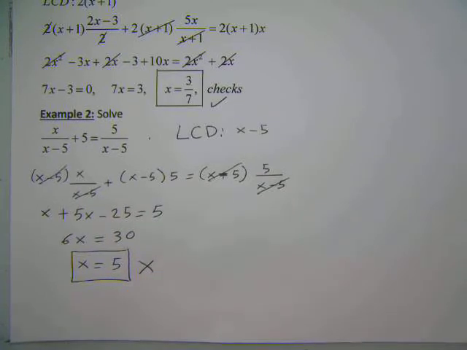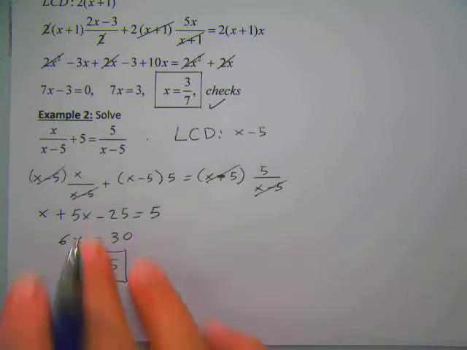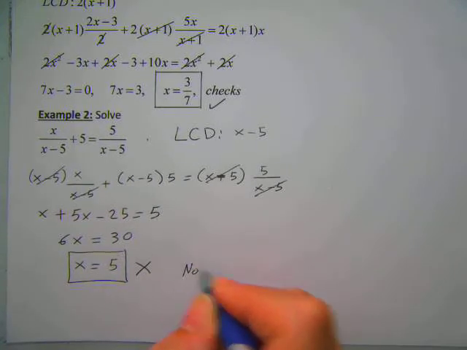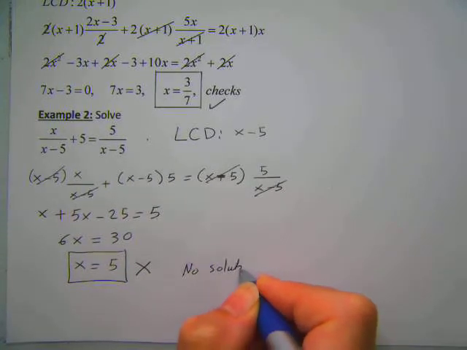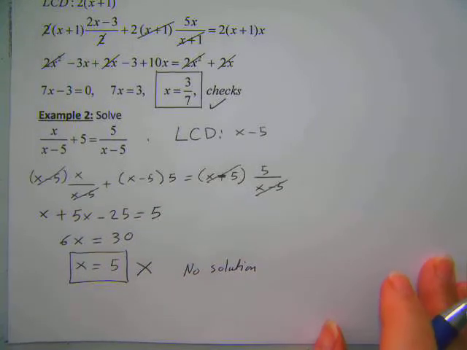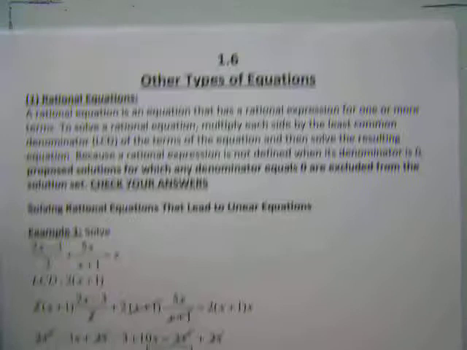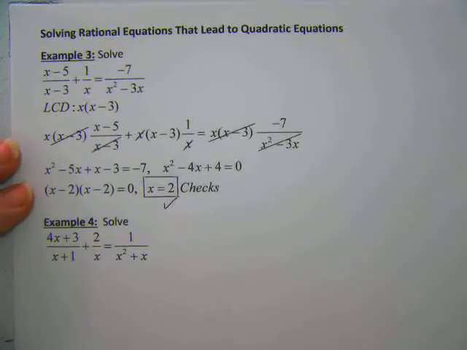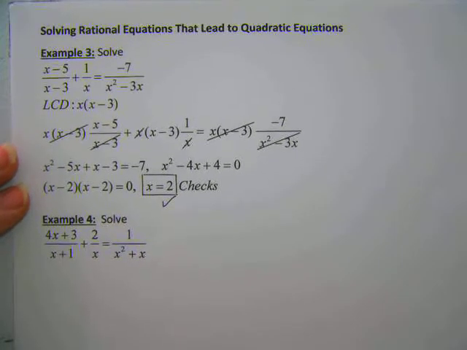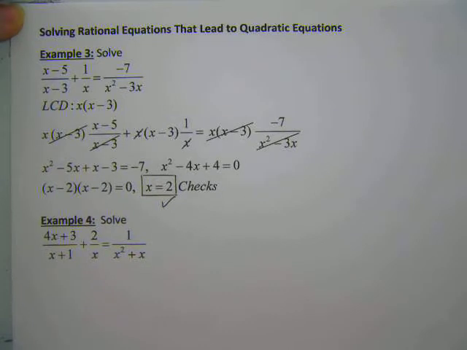So this is not the answer, and this problem has no solution. Some will have no solution, some will have only 1 out of 2, and some might have all. Let's look at others where the resulting equation is a quadratic.